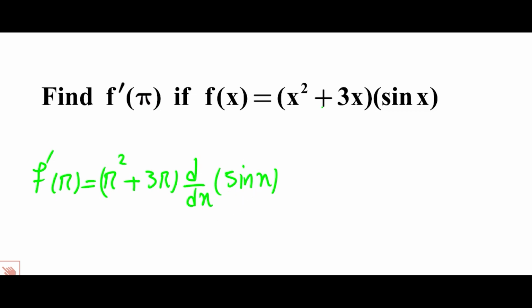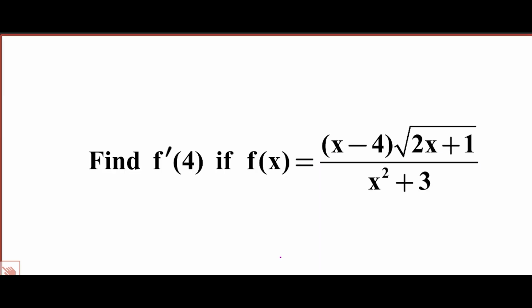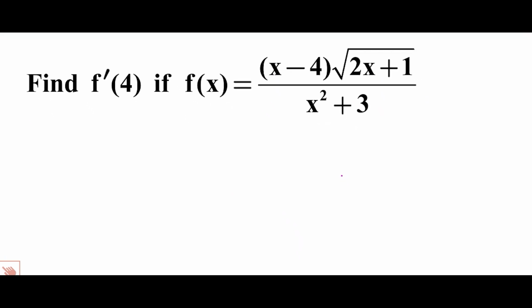Okay, so we have f prime of pi is equal to negative pi squared plus 3 pi. That's it.